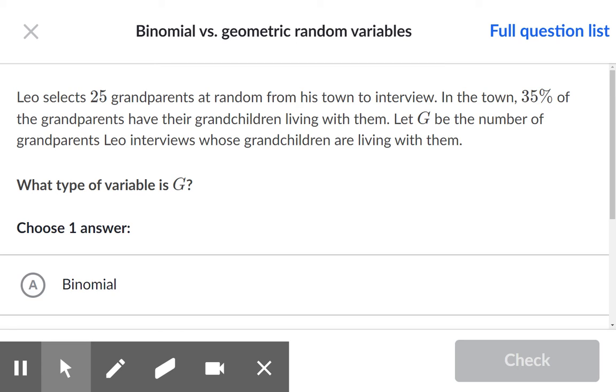You don't know how many students you're going to be asking until the answer comes up that the person drives a Tesla. So for geometric, there's no n.